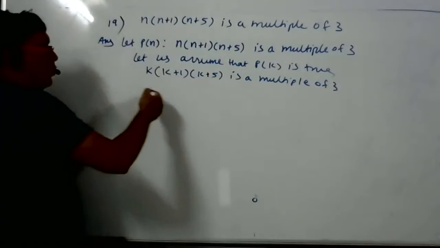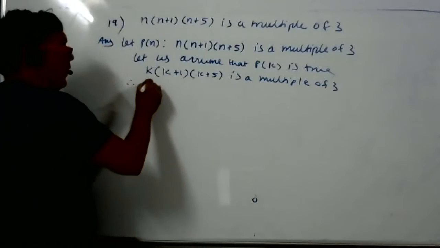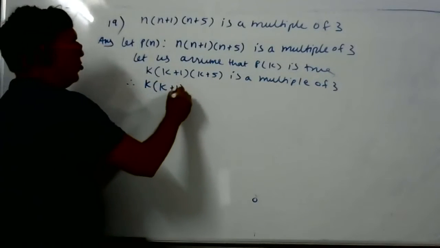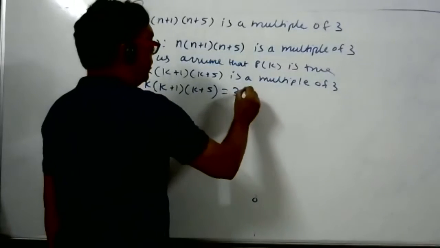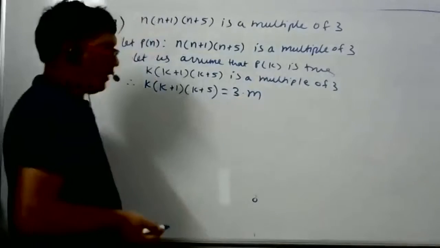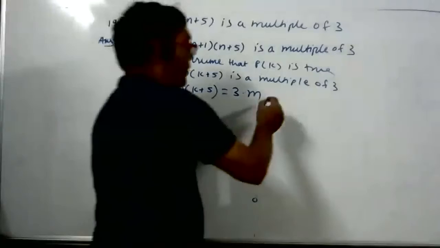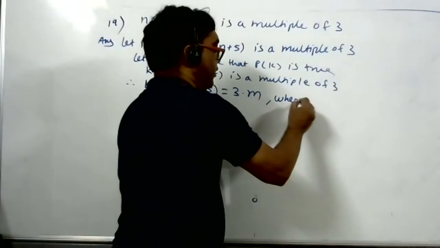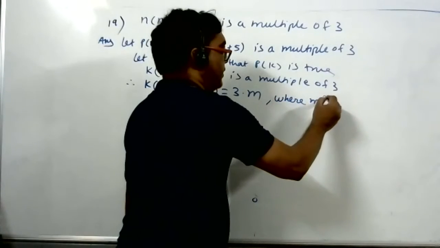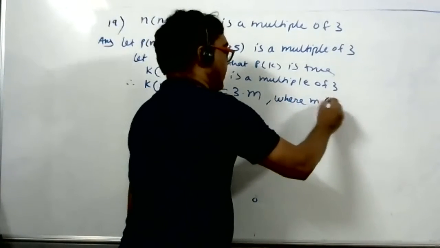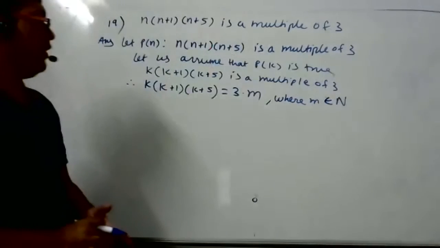So what should I write more mathematically? Divisible means what, students? K into K plus 1 into K plus 5 is equal to 3 into some natural number. Multiplying 3 with something, it will come. So where M belongs to natural numbers, that is enough. That is the meaning of multiple.